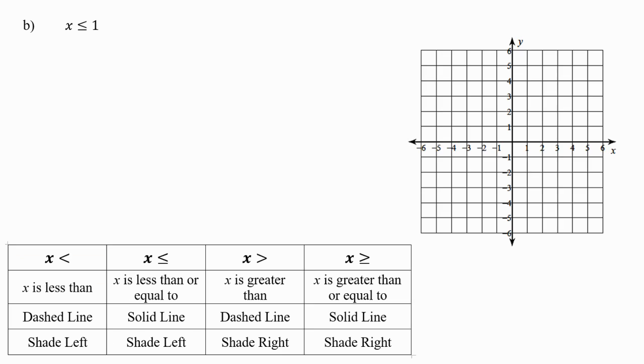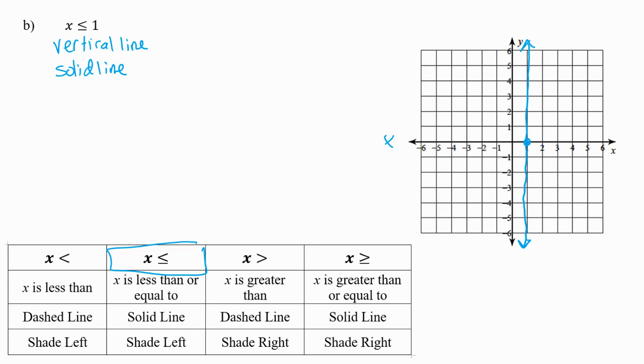All right, B, similar. We have x and some constants, some numbers, so that tells us that it's going to be a vertical line. Okay, and we're looking at this one right here. Because of the inequality symbol, it's going to be solid. It has that equal sign underneath it. So we're looking at the x-axis for +1, which is right here. It's going to be a solid vertical line.